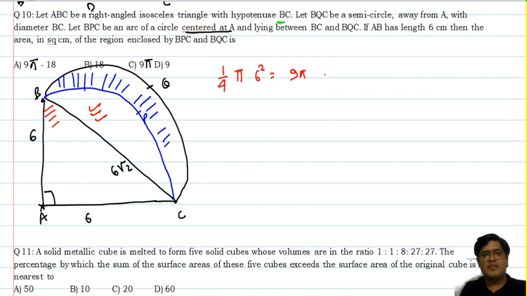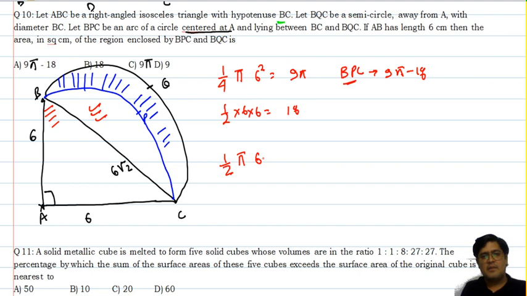Then area of the triangle is half base into height. That is basically 18. Now, if I want the area of BPC arc with BC as the line opposing it, I have got 9 pi minus 18. Now, area of BQC is basically a half circle with pi r square.